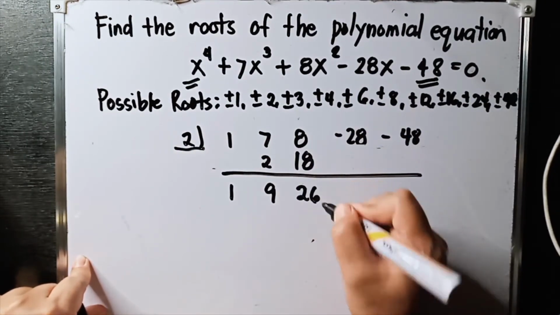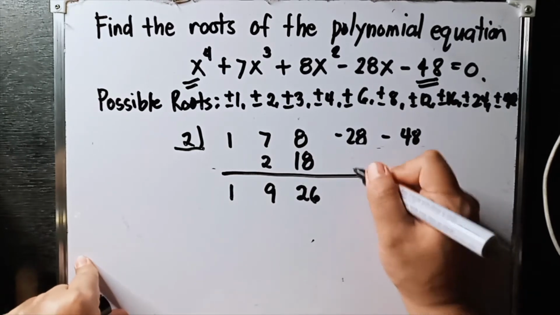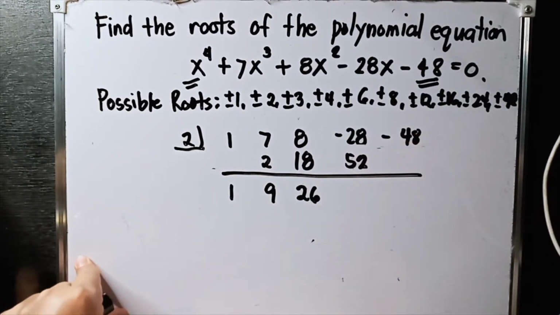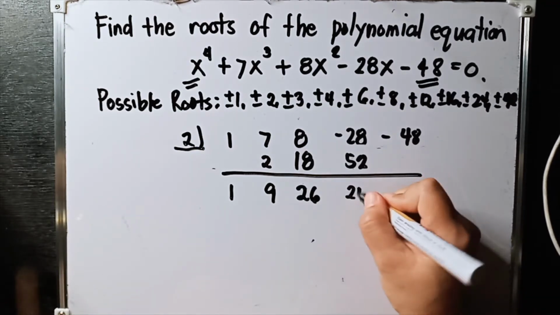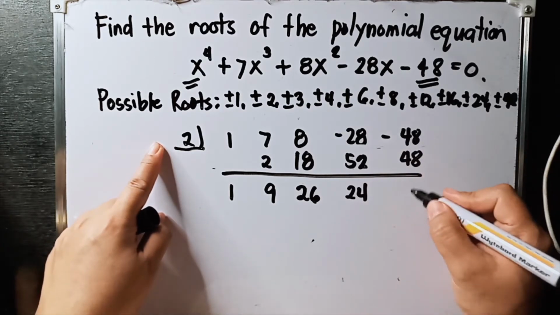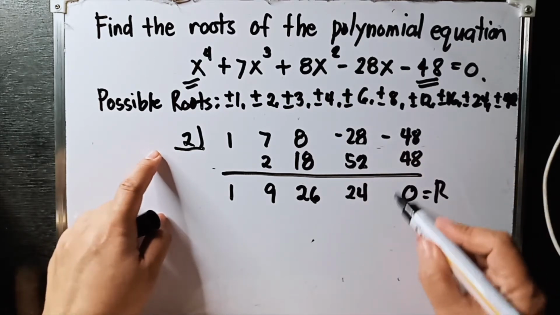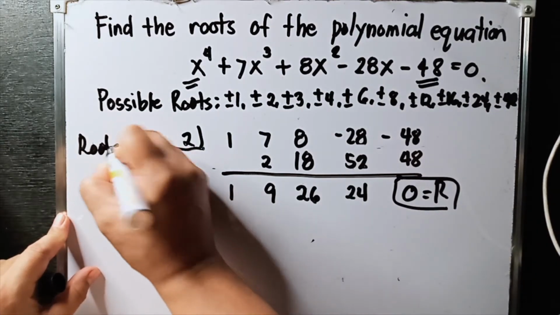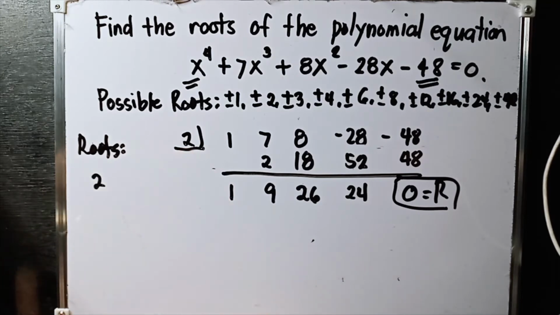We add, we have 26. 26 times 2 is 52. Negative 28 plus 52, we have positive 24. 24 times 2 is 48. So here, the remainder is 0. It means that one of the roots is positive 2.